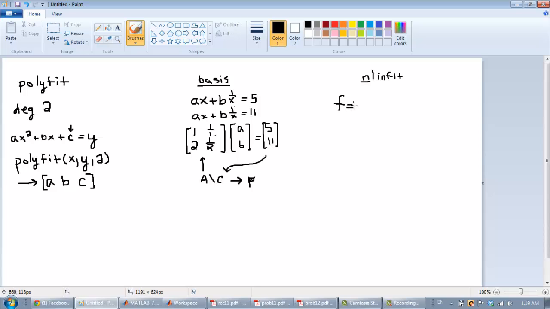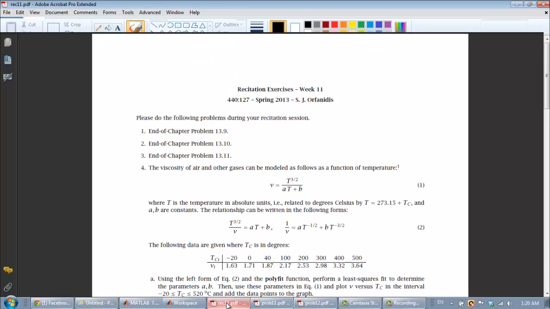So this one will make a lot more sense when we look at the actual code, but basically you need a function of C, which will be the coefficients that you're looking for, and the x values. And I'll try to explain this one more later. But let's jump straight into doing actual problems, because that'll probably make things a lot more obvious.